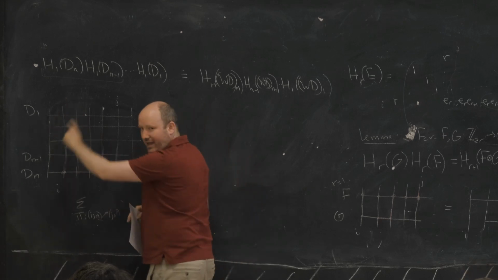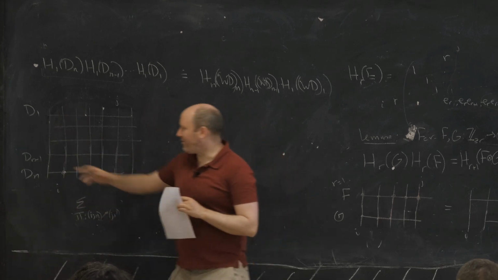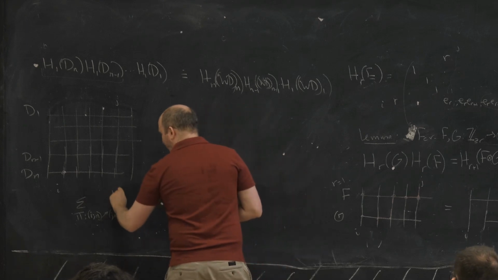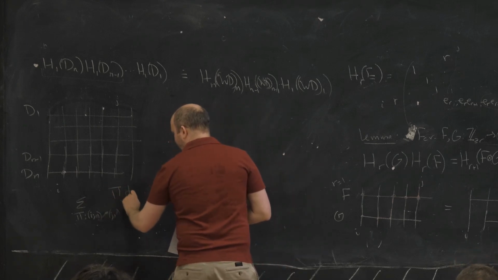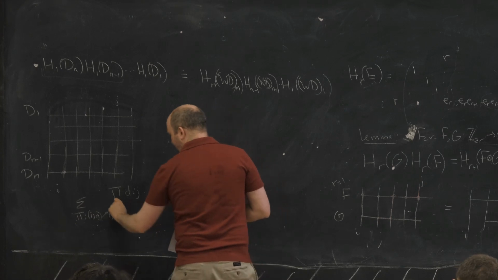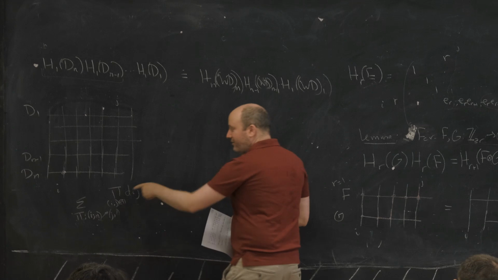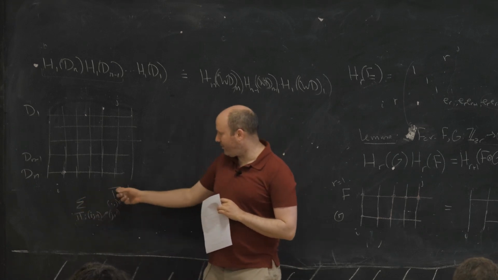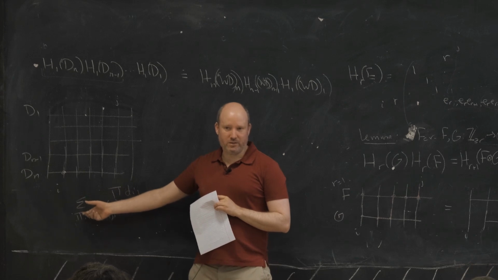I know I've reversed somehow the coordinates 1 and n, but forgive me. It's the product of these, maybe I'll call them dij's, along the path pi. So this is exactly, if I went to max and plus, last passage percolation.